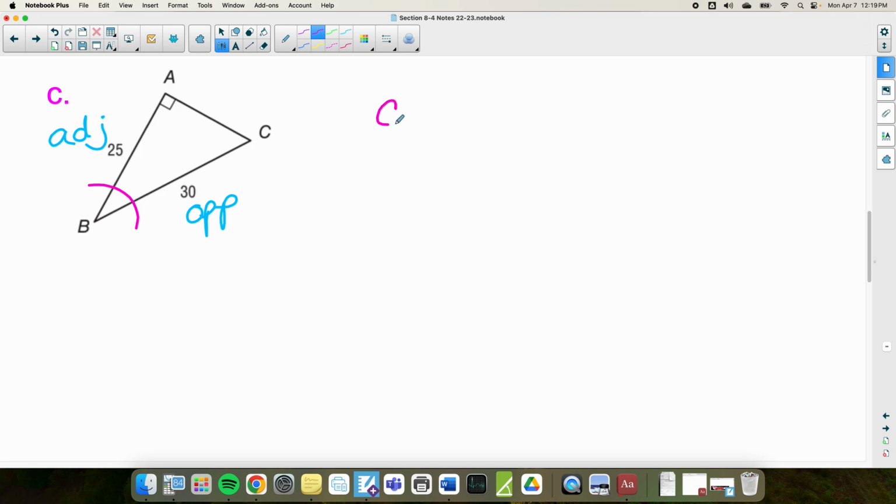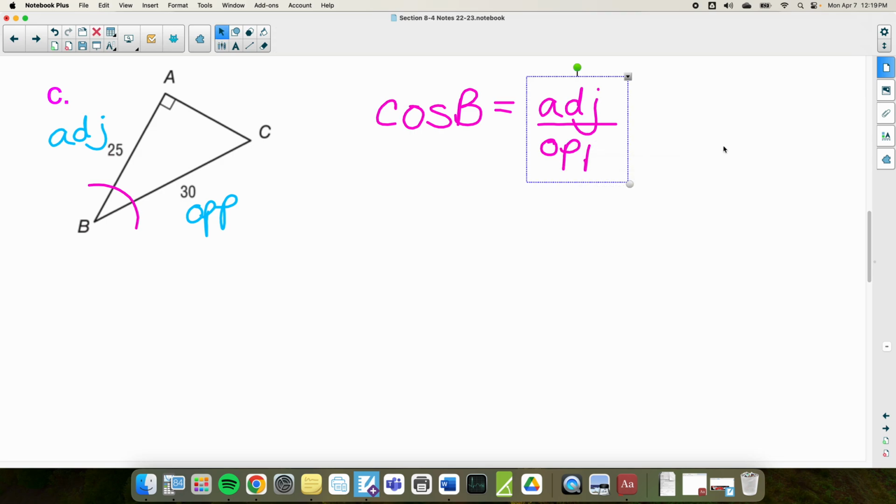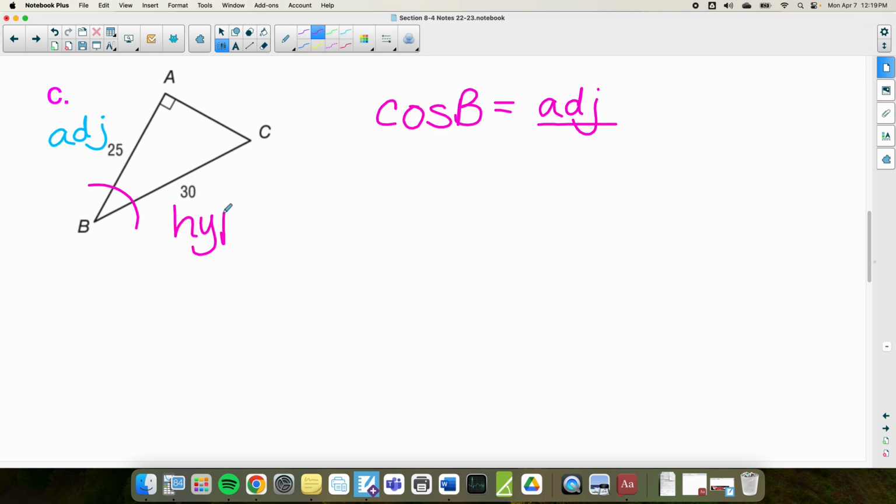So we're gonna go cosine of B equals, and the way I knew that I had to do that is because I have adjacent and opposite. Yeah, why did I do that? I'm sorry. Yes, this is hypotenuse.